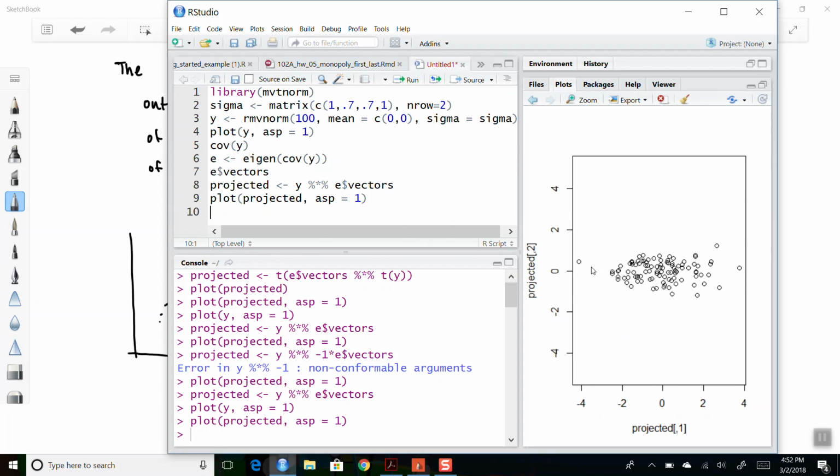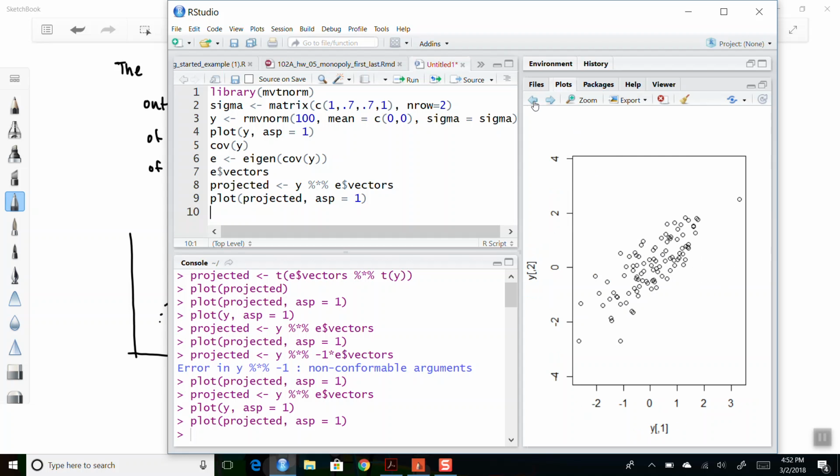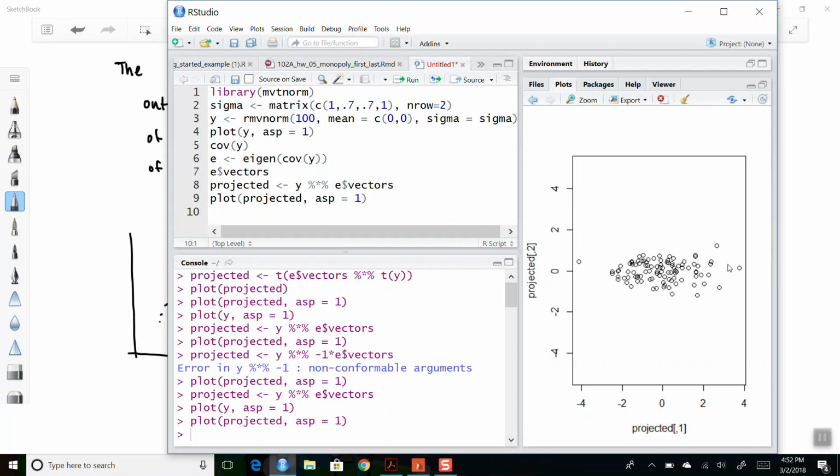We have that one dot way out here, and then there's a triangle. It's just a rotation, because again, what a projection is, is a rotation of the object against how we're casting the shadow from the light. And so it's a rotation of this data such that the resulting projection in the first dimension will capture the most amount of variation.